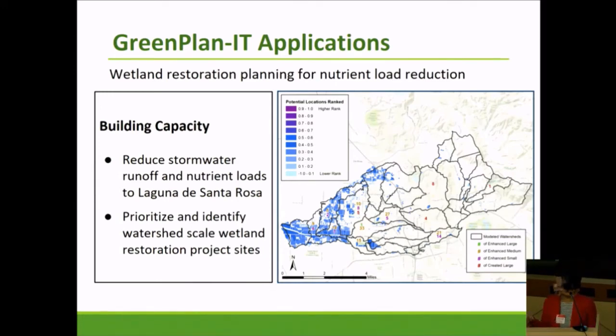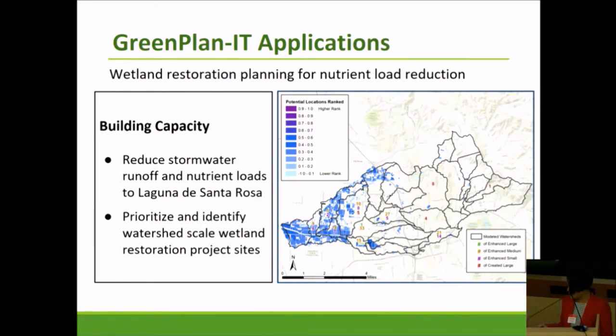So we used the tool to prioritize and identify the different wetland project sites, so we can reduce stormwater runoff and nutrient load to the laguna. Here's the output of that application. You can see there's a number of different types of wetland projects we identified at different locations, which can help reduce nutrient load from this subbasin to the laguna.